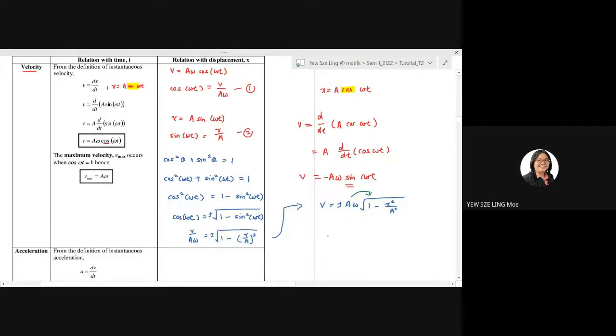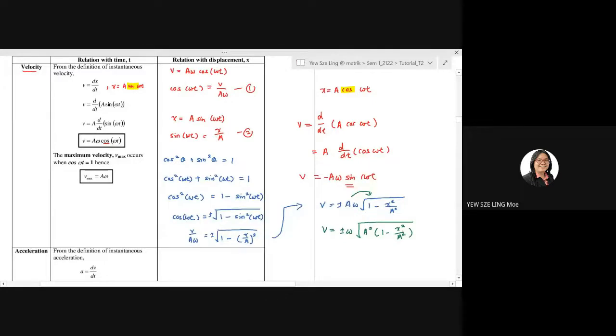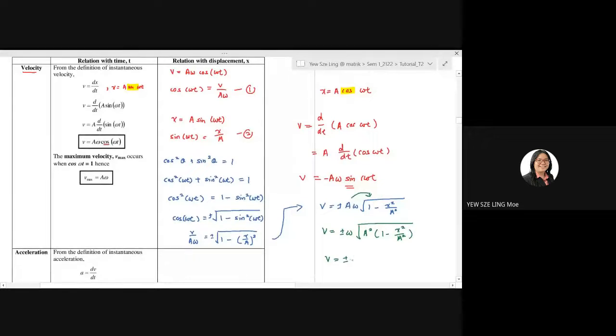If you move a into the square root, it will become a square. So a square times 1 minus x square over a square. Multiply into the bracket, and you will obtain v is equals to plus minus omega square root a square minus x square.